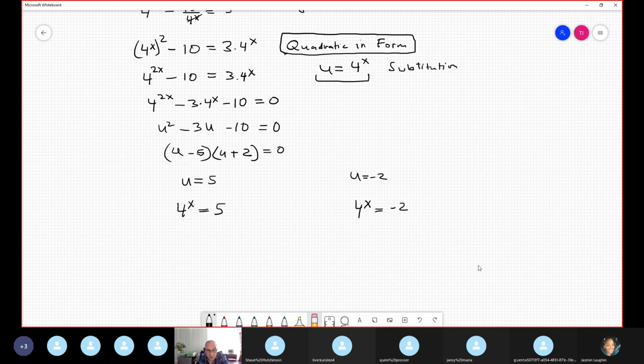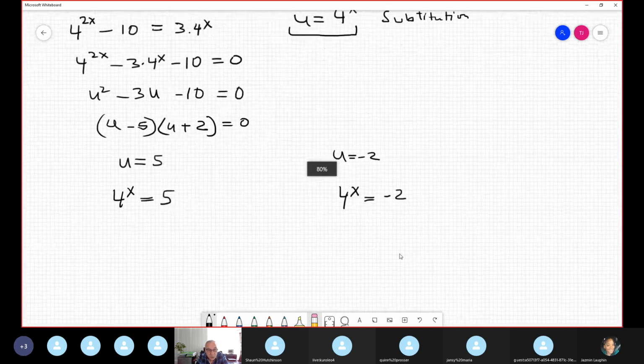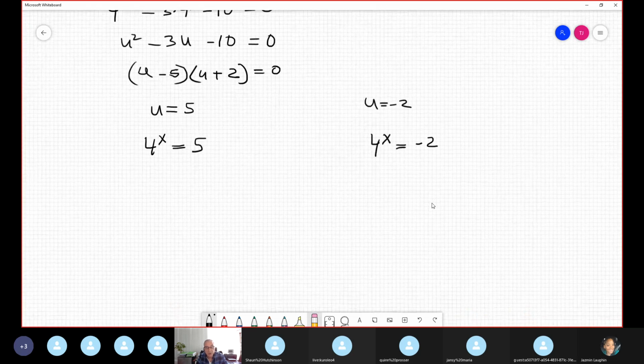Okay, in that moment, we are in front of exponential equations. 4 and 5, 4 and negative 2. It's impossible to express both sides using a common base. No, it's totally crazy. Now you apply logarithm. In this case, by curiosity, not necessary, I use the natural logarithm: ln of 4 to the x is equal to ln of 5.